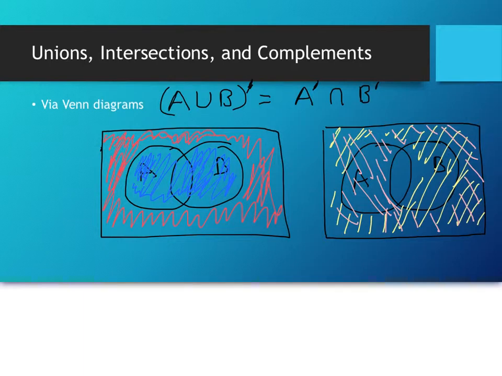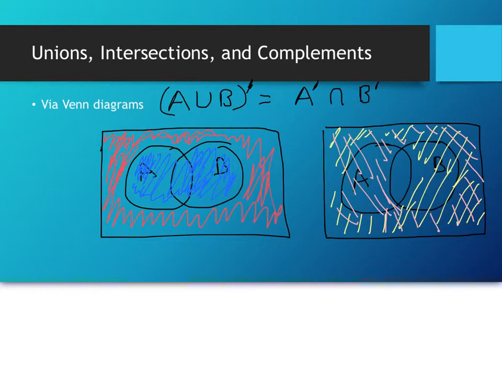Now, let's look at this carefully. So I have A complement in the yellow, B complement in the pink, and I want to intersect those two things. Now the intersection is where they overlap. So it's basically everywhere we have pink and yellow together. So we have pink and yellow together out here. That's pretty clear to see. In A, we do not have pink and yellow. We have pink, but not yellow. Over here, it's the opposite. In B, we have yellow, but not pink.